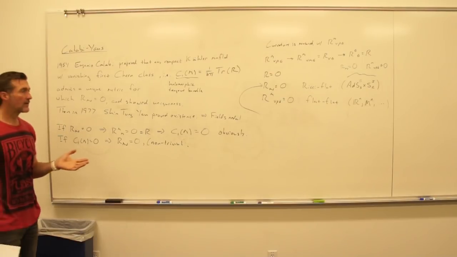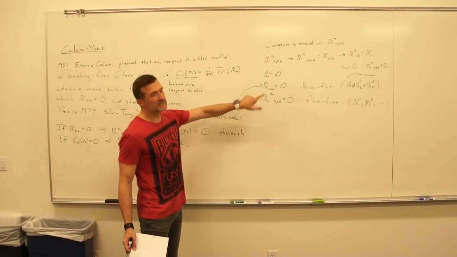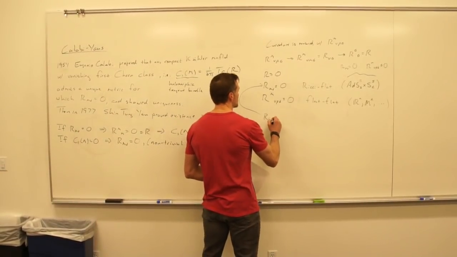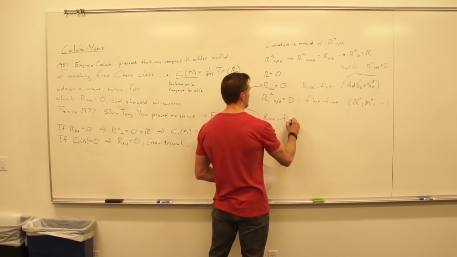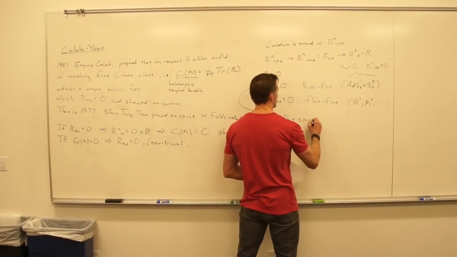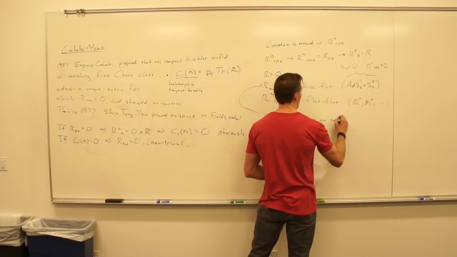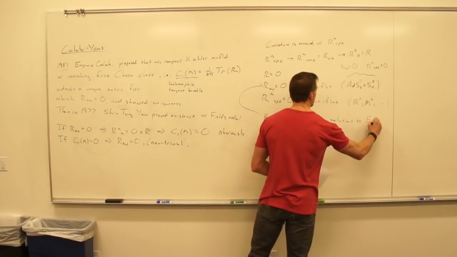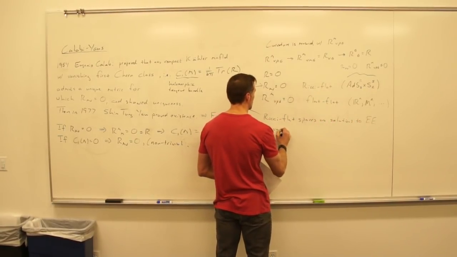Well, to start with, Ricci flat spaces are very useful because they are automatically solutions to the Einstein equations in vacuum.